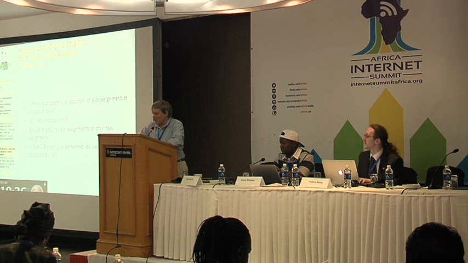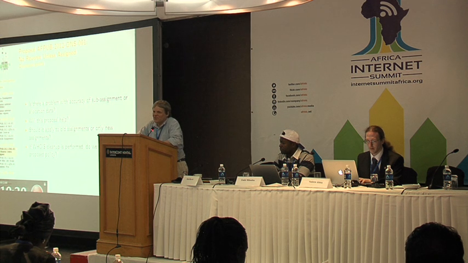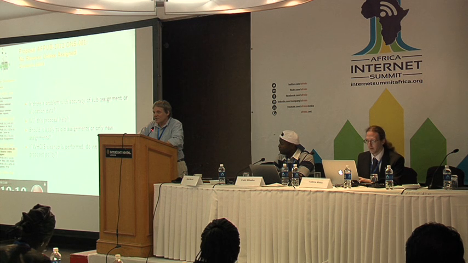Okay, I'll try. It's not my proposal, but I can try to explain a little bit about reverse DNS. Suppose Afrinic gives you some address space, 196.200.123/24. At the same time, they also give you a DNS zone, which is the numbers spelt backwards.